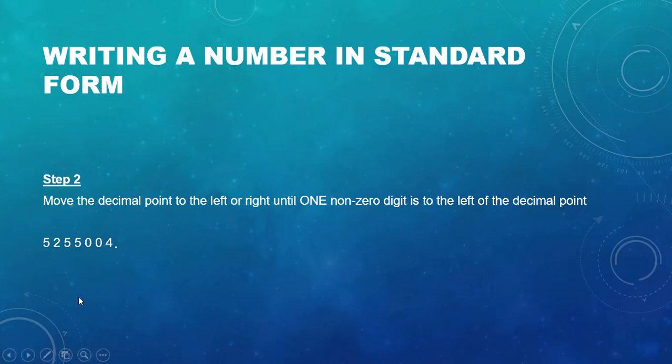So in this case, we're going to move our decimal point 1, 2, 3, 4, 5, 6 times, right? And then we stop here because we have a non-zero number to the left of the decimal point. So let's do that. Move our decimal point and place it right there, right?